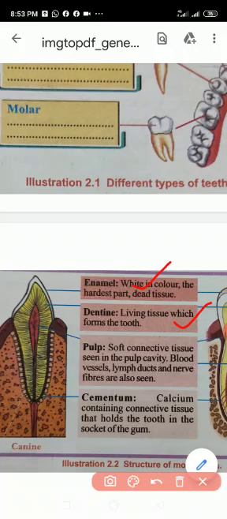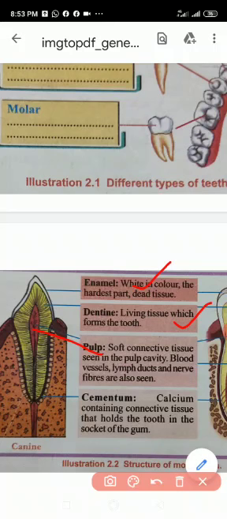And next comes the pulp. In the middle of the dentine, you can see the pulp. It is the soft connective tissue seen in the pulp cavity. Blood vessels, lymph ducts, and nerve fibers are also seen.